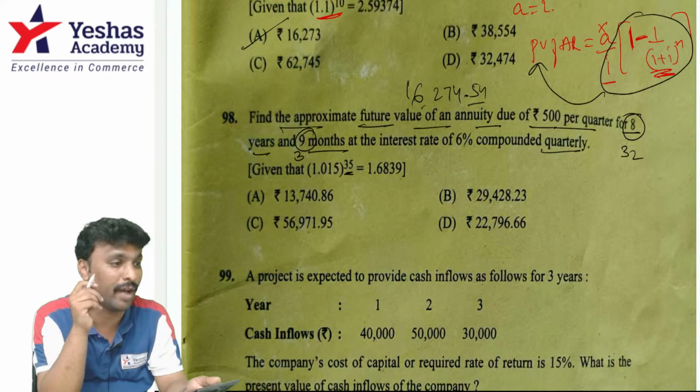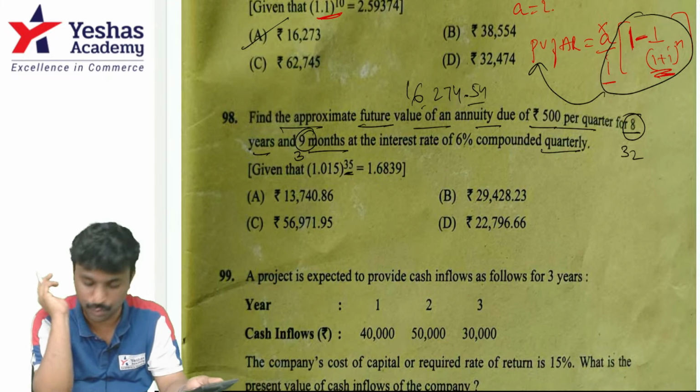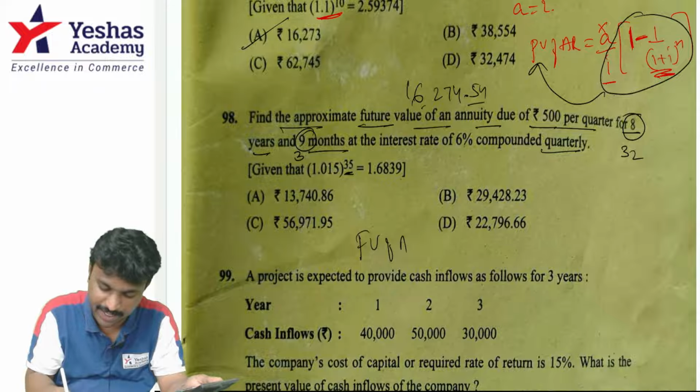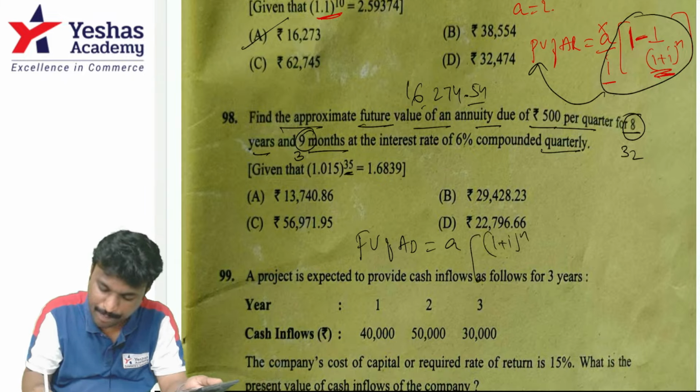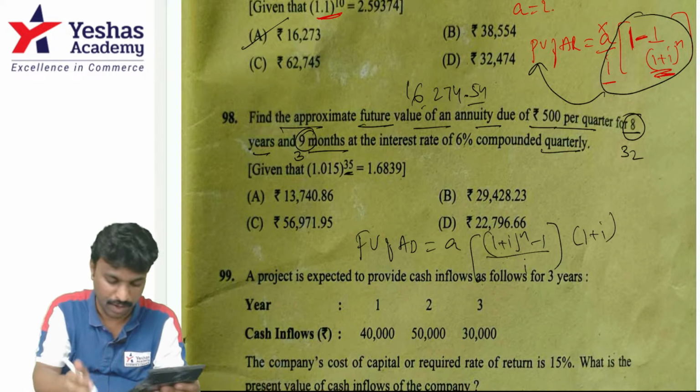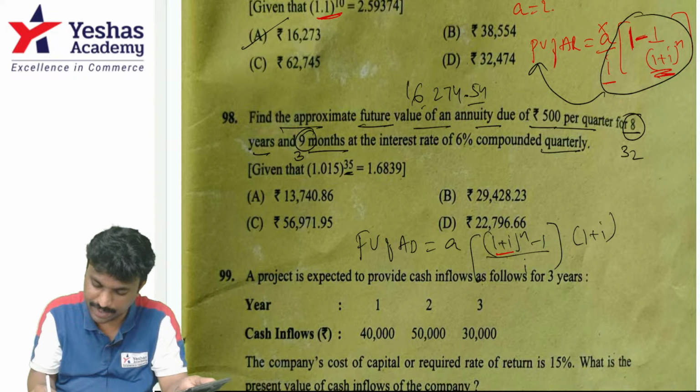So we need to find the approximate future value of annuity due, FV of AD. The formula is A into (1 plus I whole power n minus 1) divided by I, into (1 plus I). What is 1 plus I whole power n?